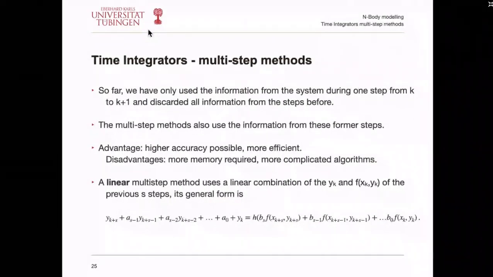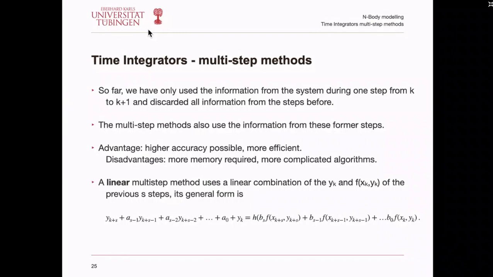So we had these one-step methods, the Runge-Kutta method, where we used only the information from step k to k+1, and we discarded all information that we gained before. We had all this work done to get the information from the previous steps, so why not use them to get higher order accuracy for the next steps?